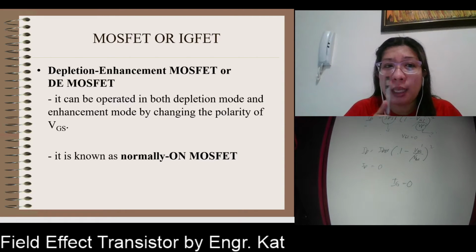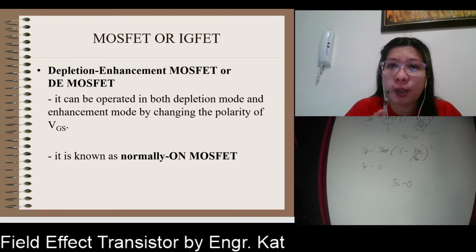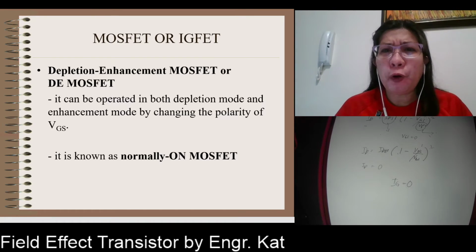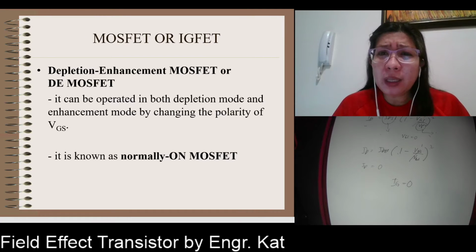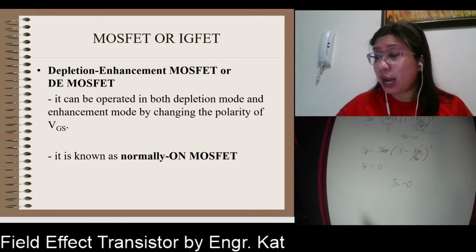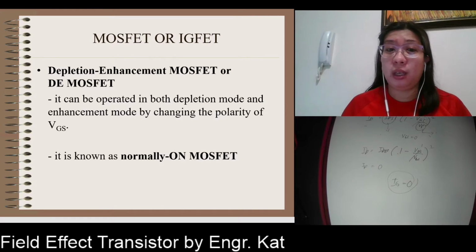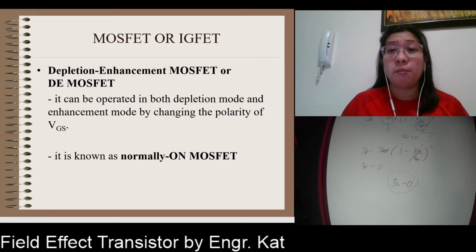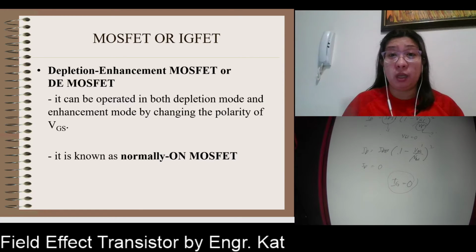So when we say depletion mode, we make your VGS reverse bias. However, for enhancement mode, we make your VGS forward bias. If it is forward bias, how are we going to make IG equal to 0? This is also known as the normally on MOSFET. So, why?